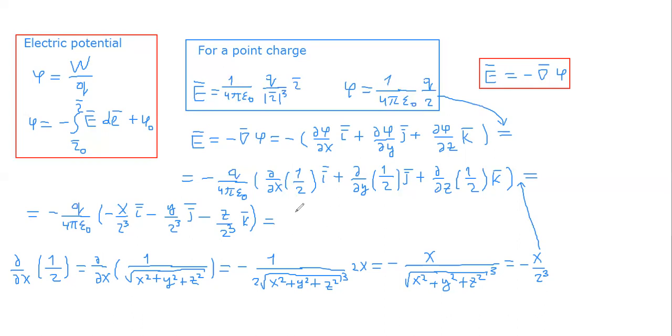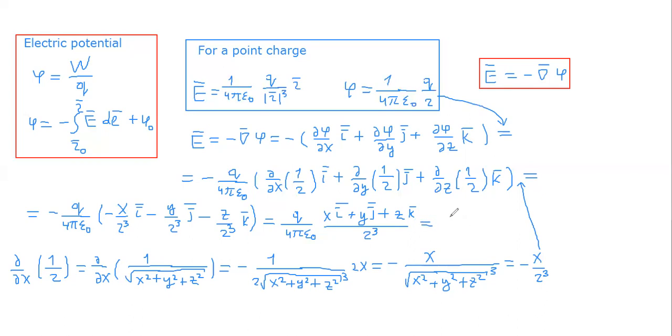So Q divided by 4 pi epsilon 0, and here we have xi plus yj plus zk, over r in third order.